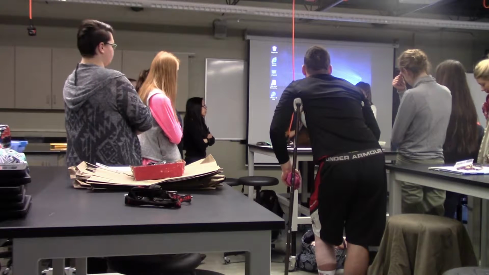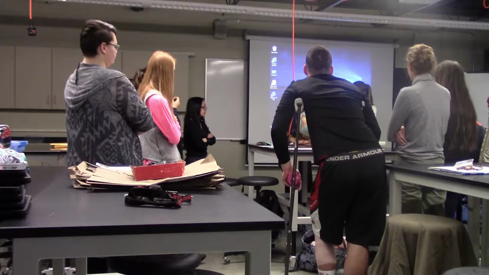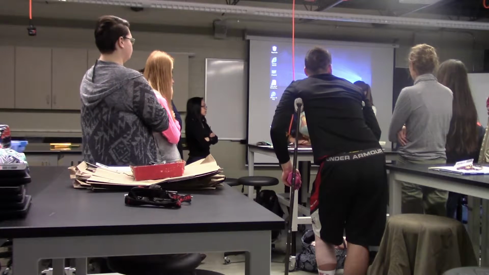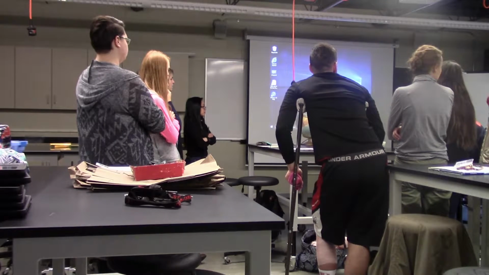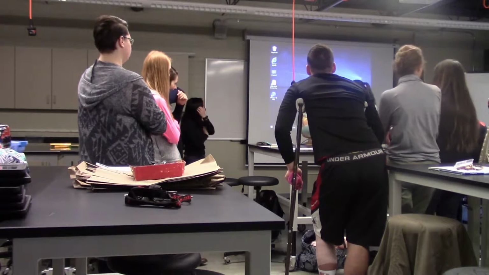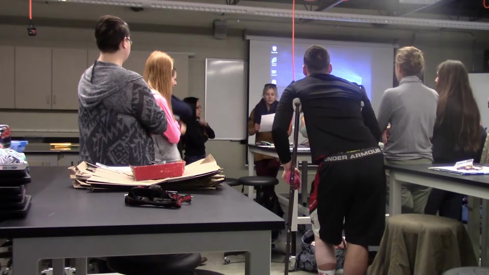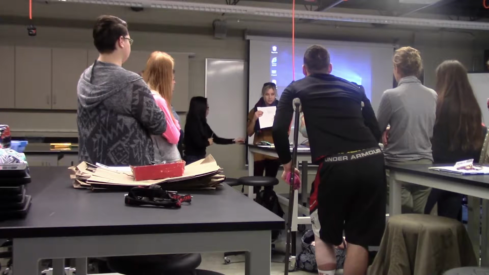Okay. So now, we are going to be making our own models of the Earth's orbit. To do that, you will first be coloring your sun.